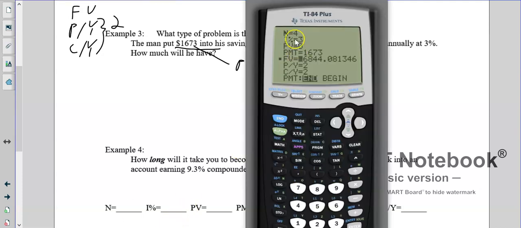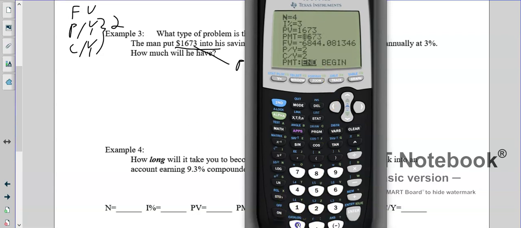So we're going to come up here. We're going to leave the 4 and the 3 and change this present value to $1,673 and change this payment to 0. And then go to future value and hit alpha solve.